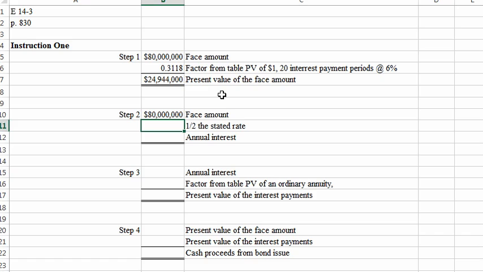Here it's 10% for a year, so for half a year or 6 months it's 5%. Okay, it equals 80 million times 5%. Gets us $4 million. So that's how much interest Bradford Company will have to pay every 6 months on this $80 million.